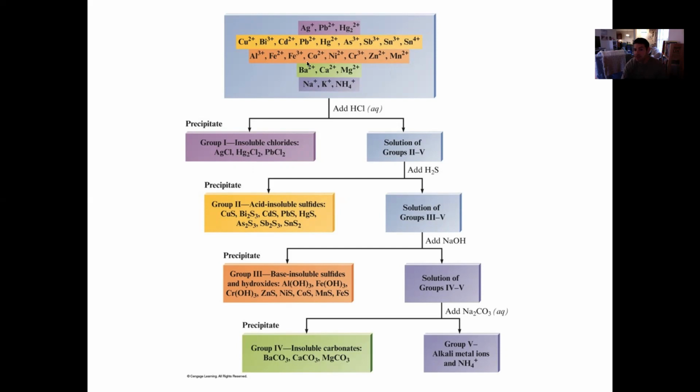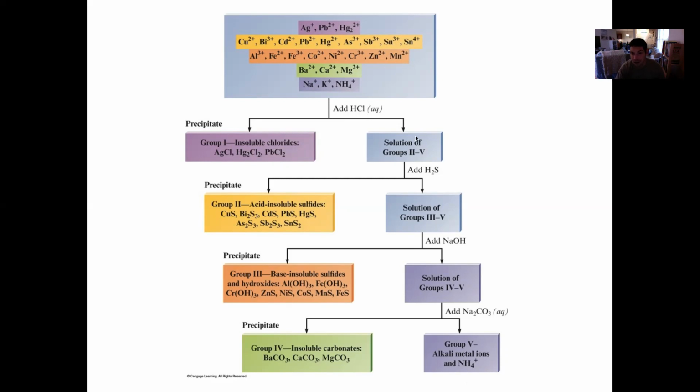Another way to identify cations, and it's not perfect, but we can also use the flame test, right? That's where you burn it and you see the color it produces, but some of those colors are really blurred. They're very similar to each other. So that may be something we would do towards the end of the test. All right, but at the beginning, you would add hydrochloric acid. All right, the point of that is to provide Cl- ions, which will form an insoluble chloride with either silver, mercury 2, or lead.